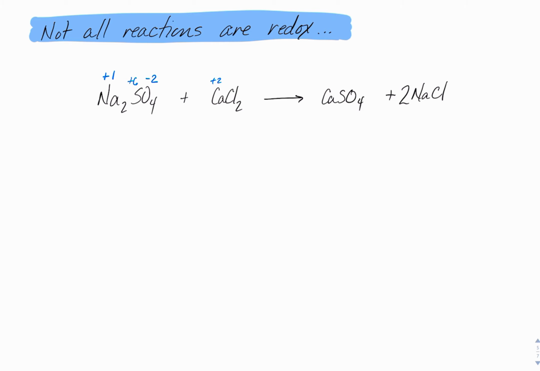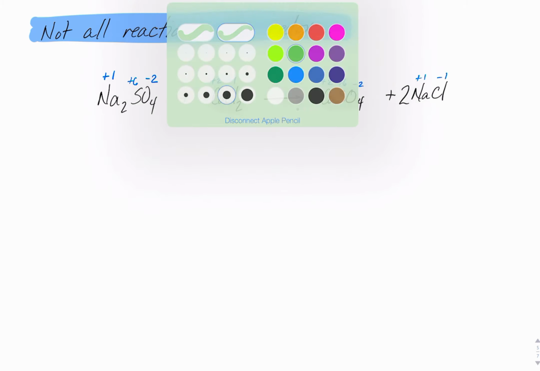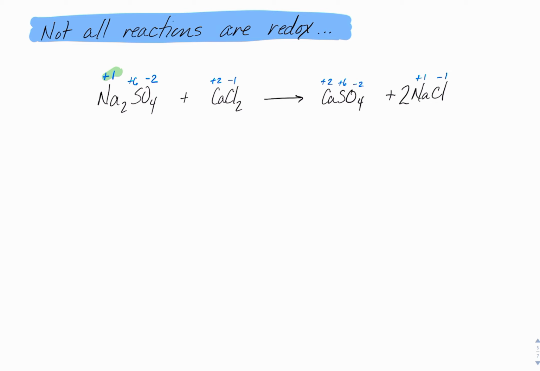Calcium +2, chlorine -1, +2, -2, same deal. Sulfur is going to be +6. +1, -1. So now look here into the oxidation numbers and see if you can find anything that changes. It looks like sodium is +1, +1. Sulfur +6, +6.